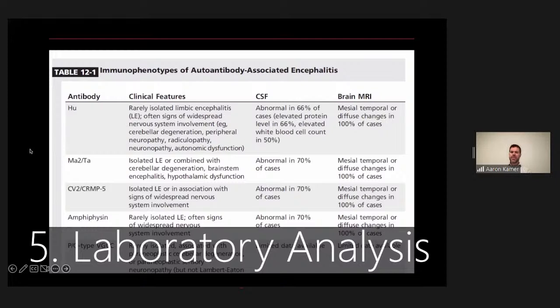Laboratory analysis is one of our late stage evaluation tools for epilepsy if we have not been able to find other things, or if there are specific imaging findings that are suggestive of something like an autoimmune encephalitis. There are a number of labs that can be run to try to figure out if there are autoantibodies to the brain parenchyma that could explain the patient's epilepsy.